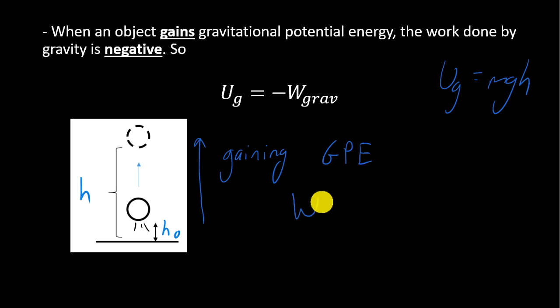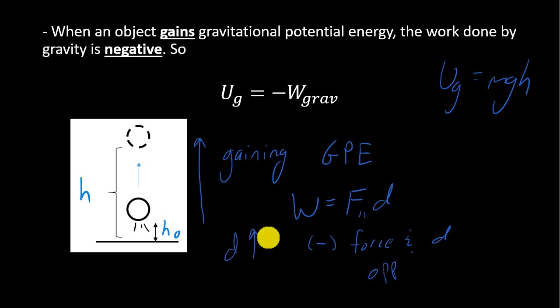And if you're not sure why, remember, work is force parallel times distance, and it's negative when force and distance are opposites. If the ball's going upwards, the distance is this way, but the force due to gravity is that way, so it's negative.